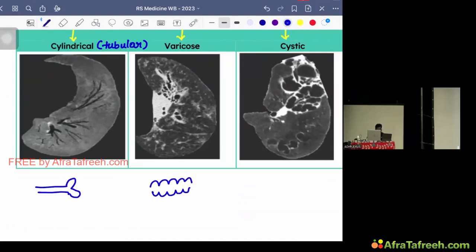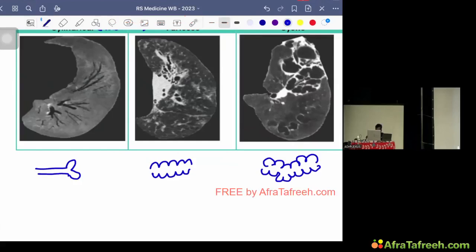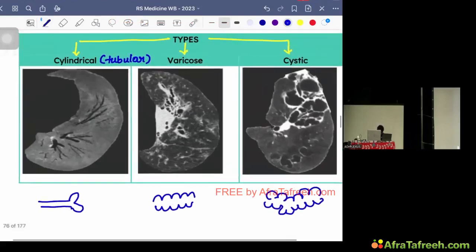And the third one is cystic type. It has a lot of cysts. Out of these, the most common type is the cylindrical or tubular type.